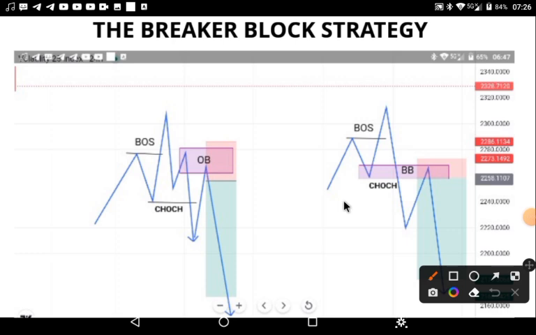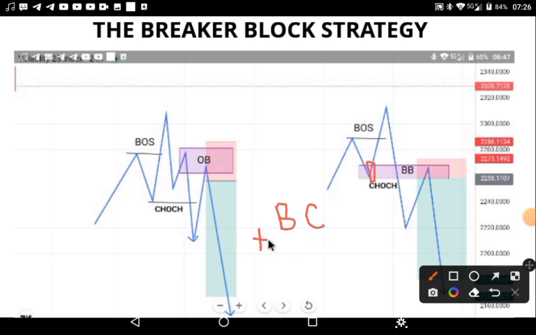Now we've understood what an order block is. So what is a breaker block? Just as I said earlier, this order block here is not what we call our breaker block, but rather our failed order block. Now to get the breaker block, you are going to look for what we call the breaker candle, BC.